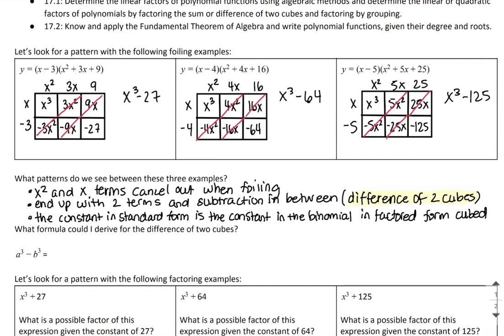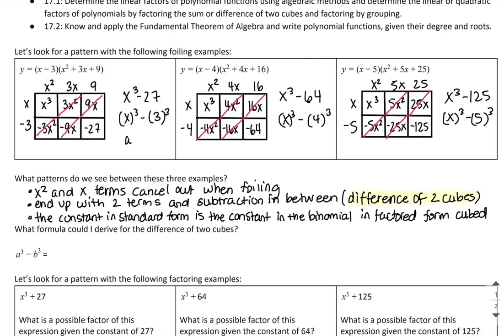Well, like I said, I have the difference of two cubes here for each of these examples. In the first example, I have x cubed minus 3 cubed. In the second example, I have x cubed minus 4 cubed. And then in the third example, I have x cubed minus 5 cubed. What I want to do is treat the first term that's cubed as a.